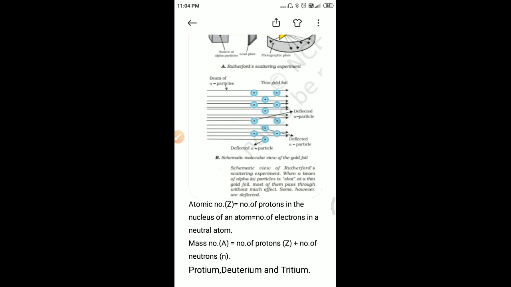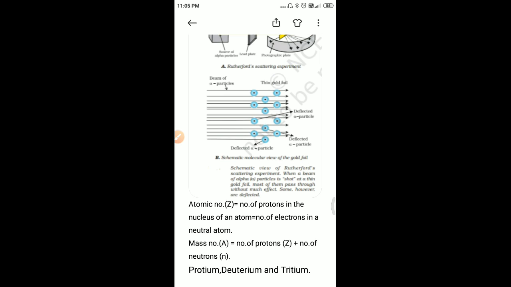Since 6 are protons, we can write 6C12, 6C13 and 6C14. One more example, the chlorine atom having 18 and 20 neutrons, with 17 protons. We can write 17Cl35 and 17Cl37.